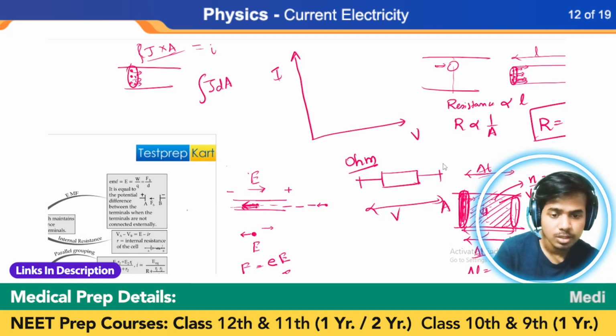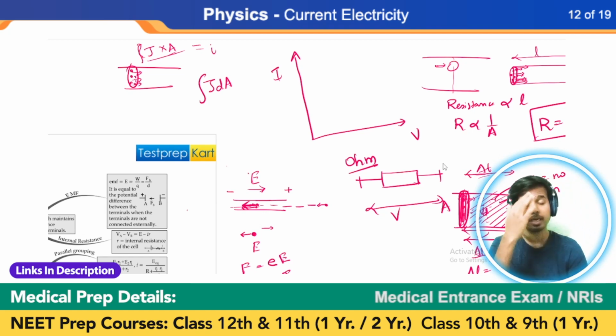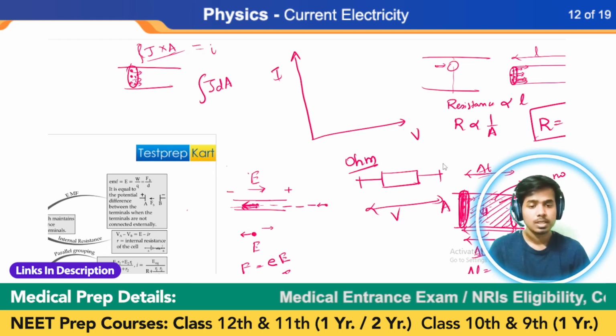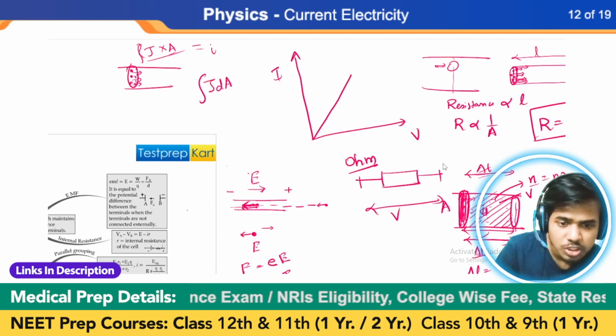So he drew this graph I versus V, variation of current with respect to voltage. So he found out that it was actually more of a straight line.